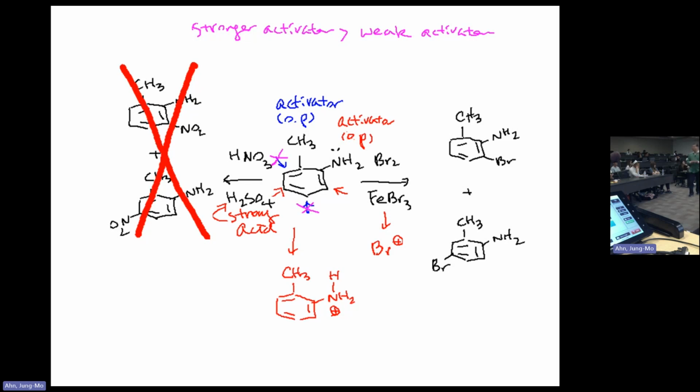When it becomes an ammonium group, it is not an electron donating group anymore, because it doesn't have a lone pair, and it has a permanent positive charge. That is a very strong electron withdrawing group. That is a meta director. So now the strongest activator in this molecule turns into the strongest deactivator upon protonation.